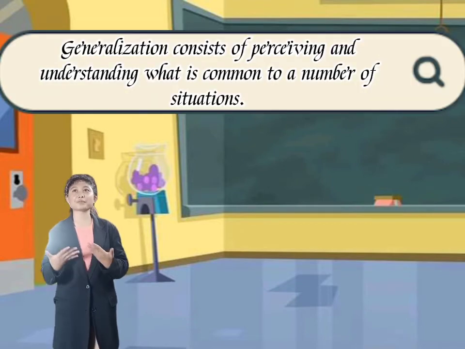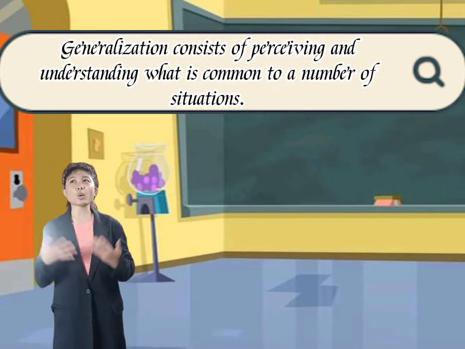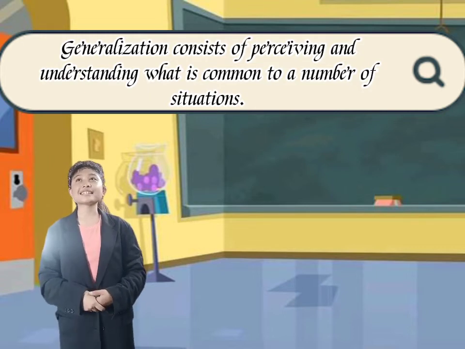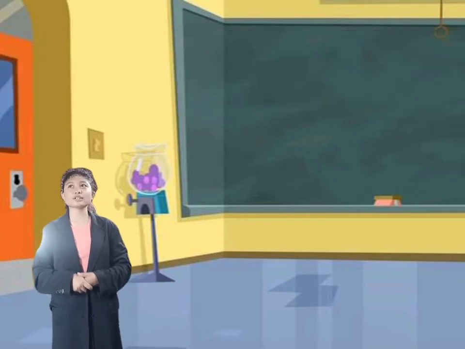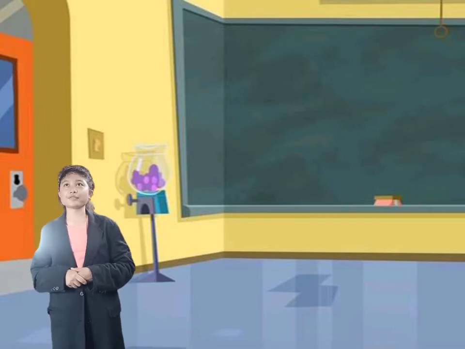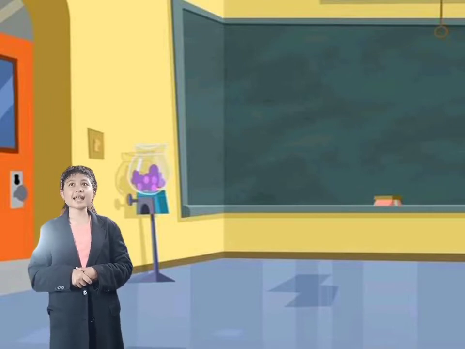Generalization consists of perceiving and understanding what is common to a number of situations. The ability of an individual to generalize knowledge varies with the degree of their intelligence.